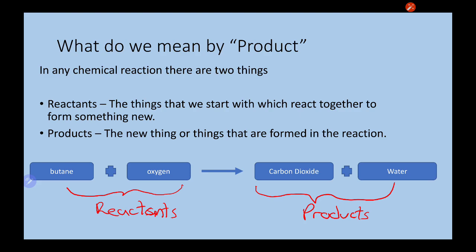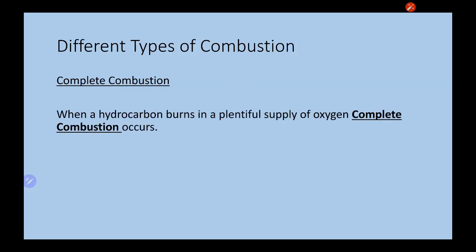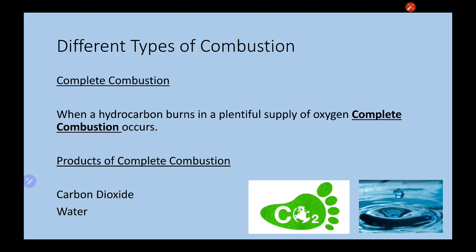But what happens if, for whatever reason, we've not got an awful lot of oxygen present? Well, we're going to get different products formed. Because if there's not an awful lot of oxygen, then not all of the fuel is going to react.